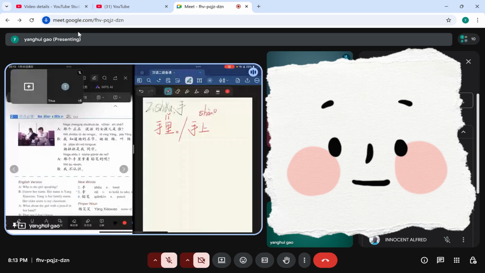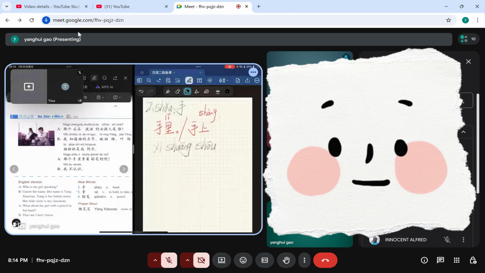We have two hands, so we can say 一双手. Familiar word, 双, 一双手.